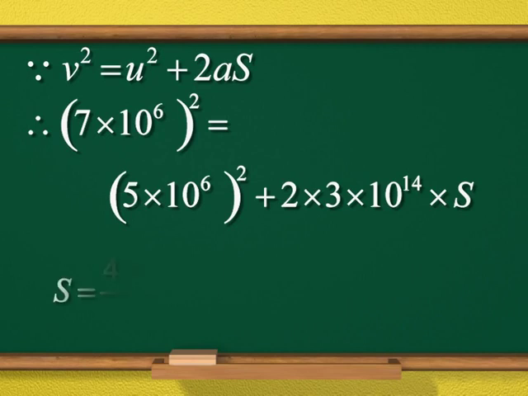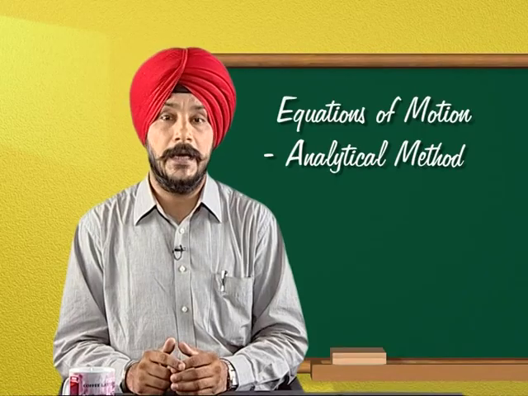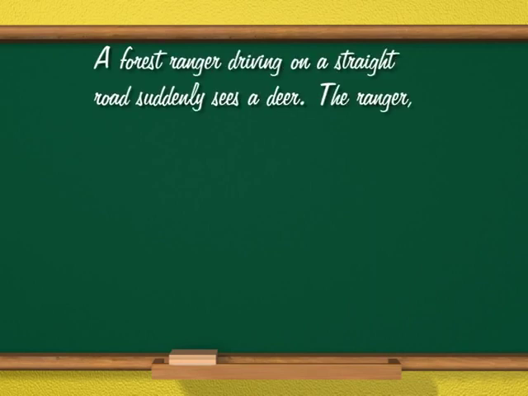Therefore, s equal to 49 into 10 to power 12 minus 25 into 10 to power 12 divided by 6 into 10 to power 14. On solving, we get s is equal to 0.04 meter.